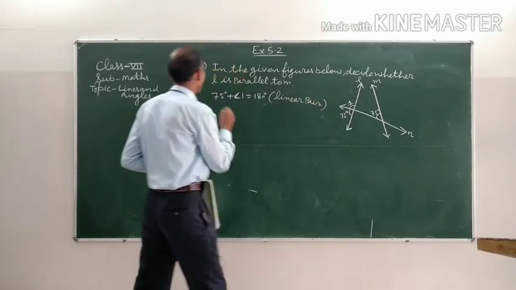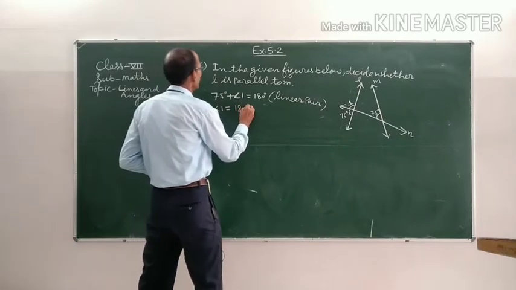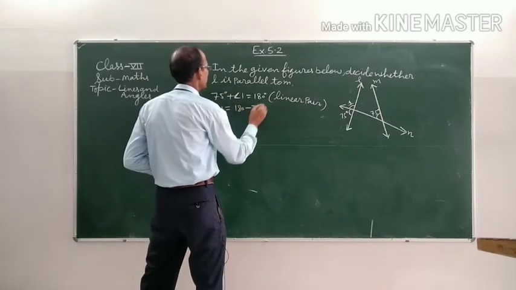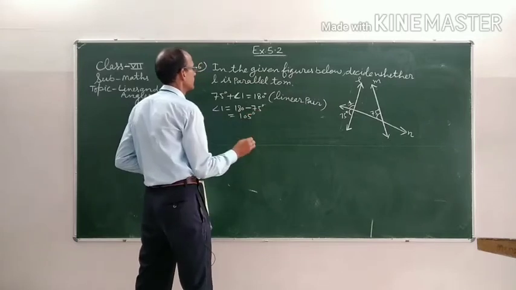Angle 1 is equal to 180 minus 75 degree, which is equal to 105 degree.